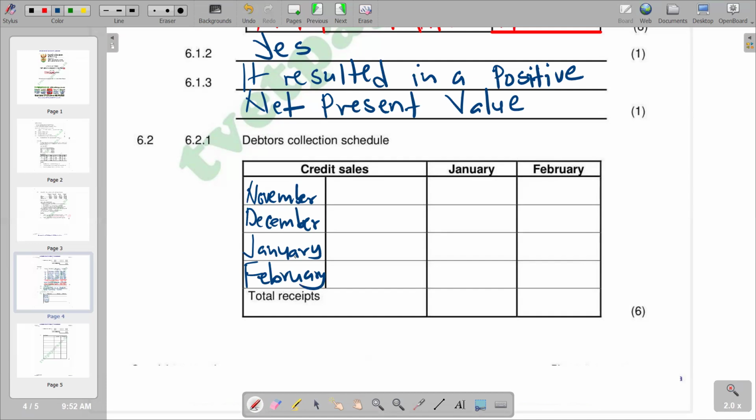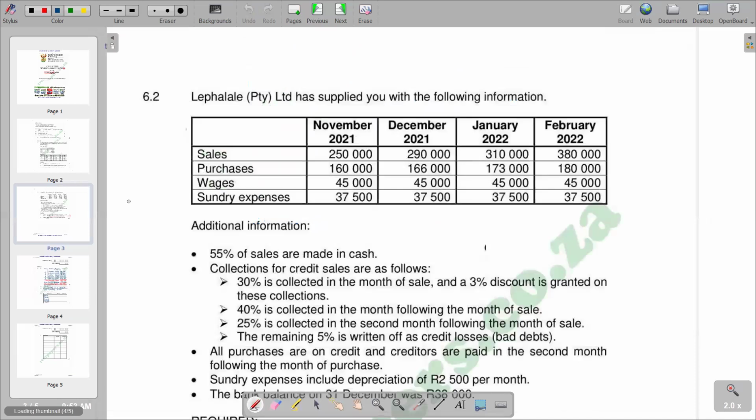Then you are given a column there where you need to put your credit sales. Remember, these are the columns for credit sales. So let's calculate our credit sales for November to February. So 55% of sales are made on cash.